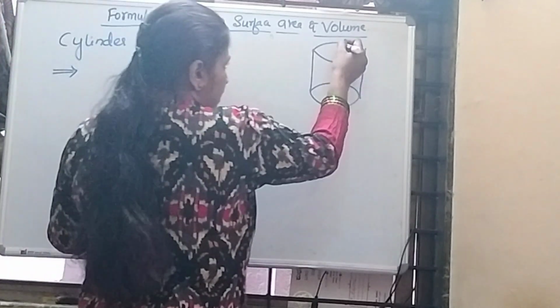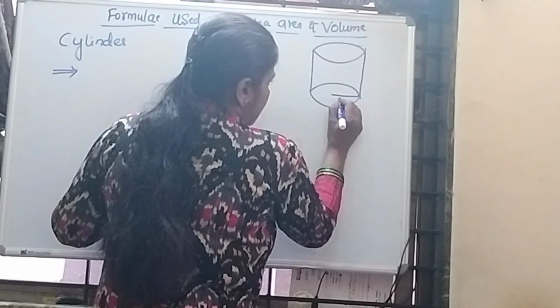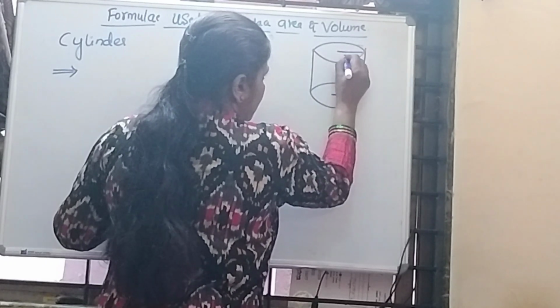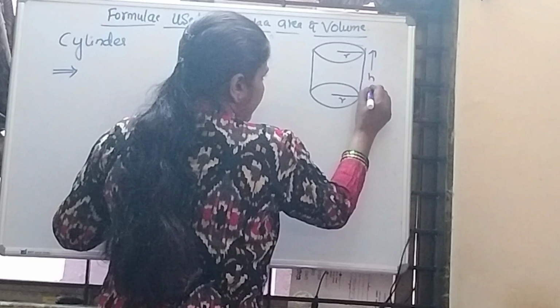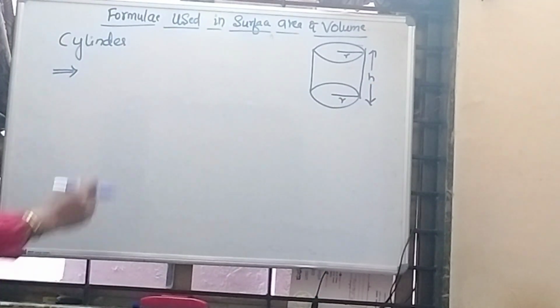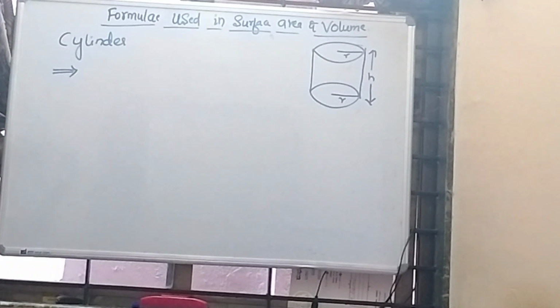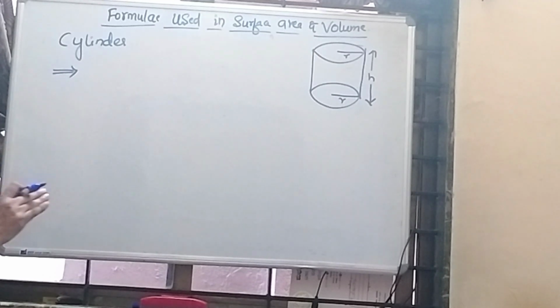There are two circles, top and bottom, and we'll take this as radius and this as height. The cylinder, you know this. For this lateral surface area, if we take a rectangular paper and fold it, it will become a cylinder.